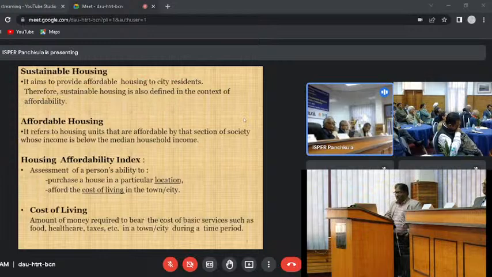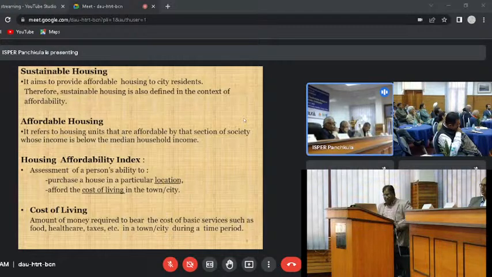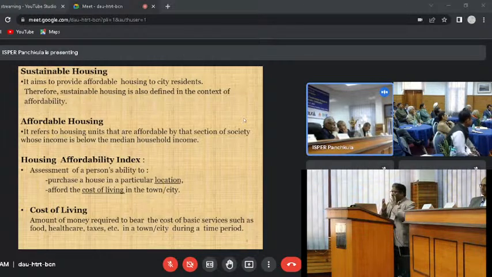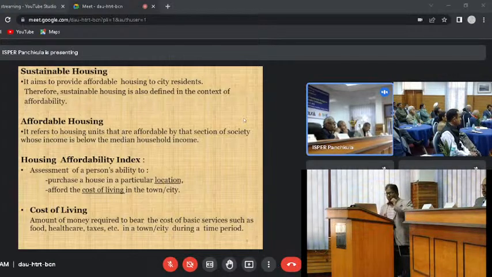Now, just have a look. These are the various definitions we can read in literature: sustainable housing, affordable housing, housing affordability index, and cost of living. Just try to understand what is happening in the case of affordable housing. It refers to housing units that are affordable by the section of society whose income is below the median household income, a particular level of income that each city has.